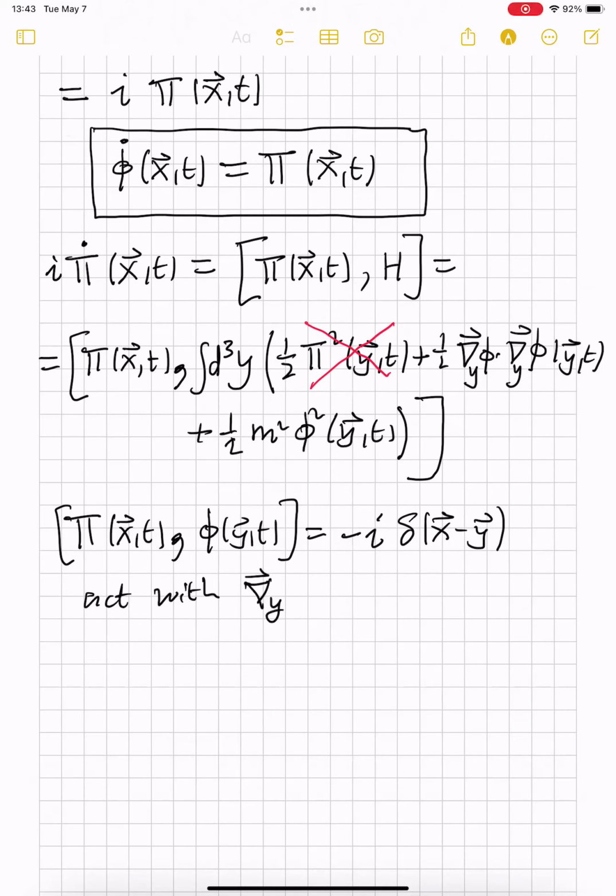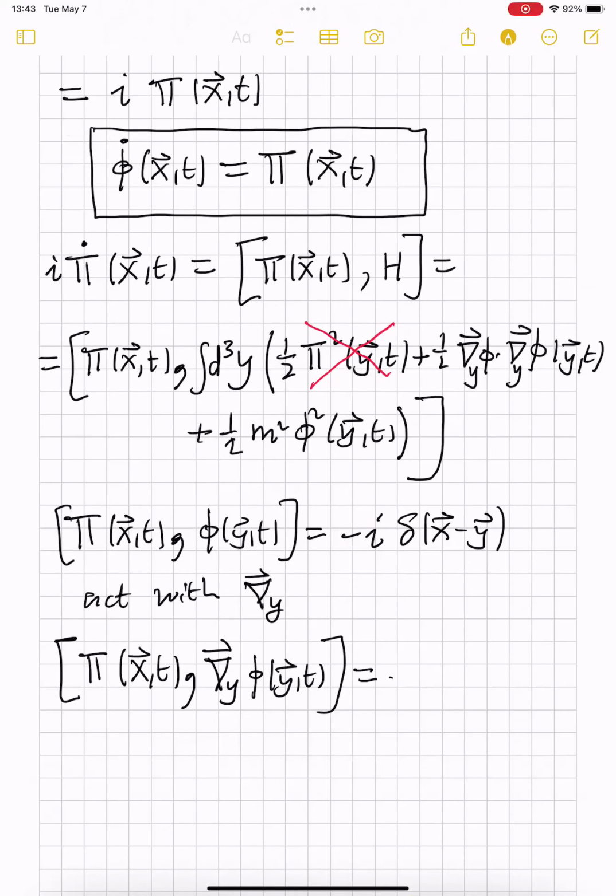Okay, so acting with nabla, well, nabla doesn't touch pi because pi only sits at x, but it does act on phi. So that's what we get for the left-hand side.